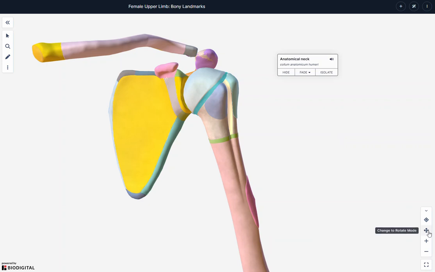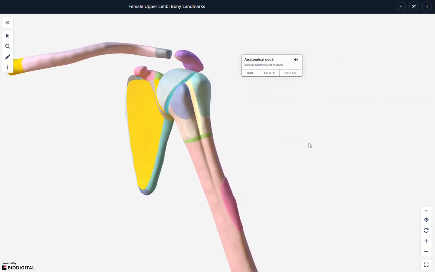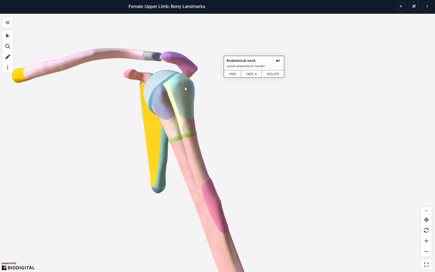medially or internally, I'm going to play around with this. I'm going to turn the arm in medially. You see what happens with these tubercles? That means on our x-rays, those tubercles are going to be placed in a different position in relation to the humeral head, depending on the rotation of the arm.